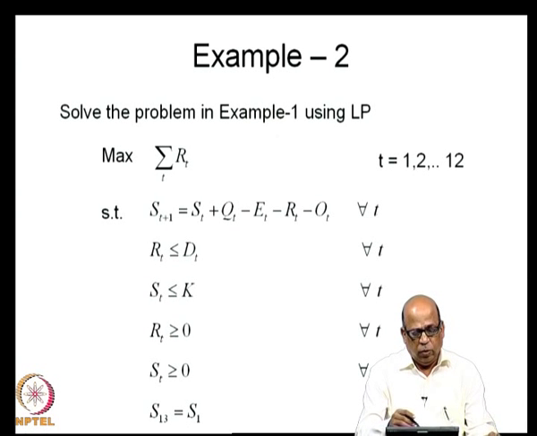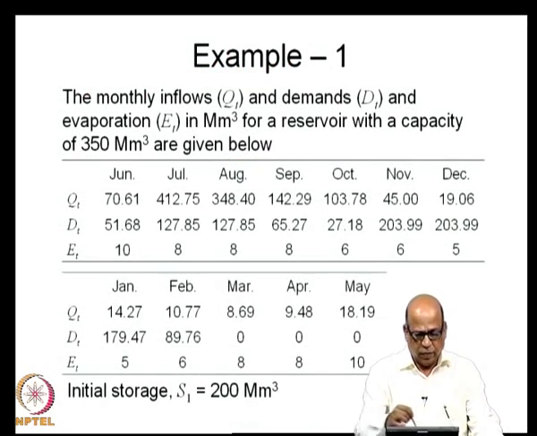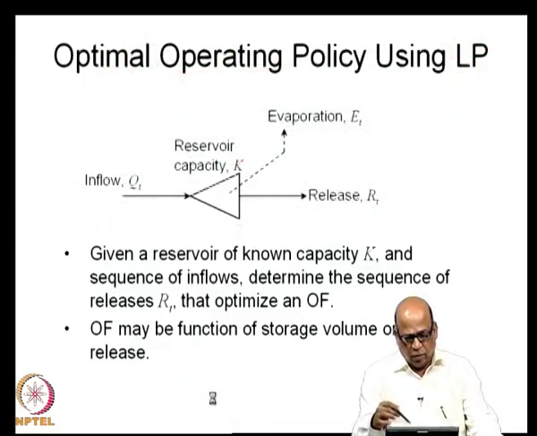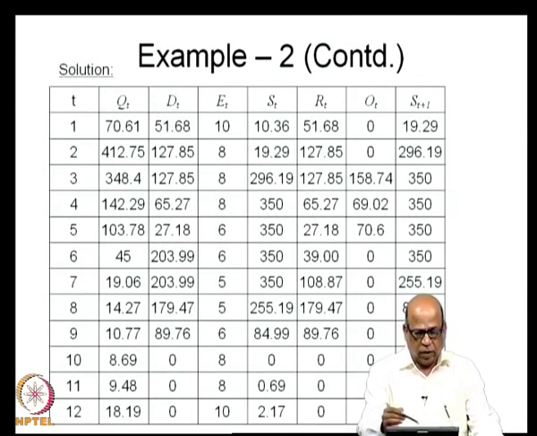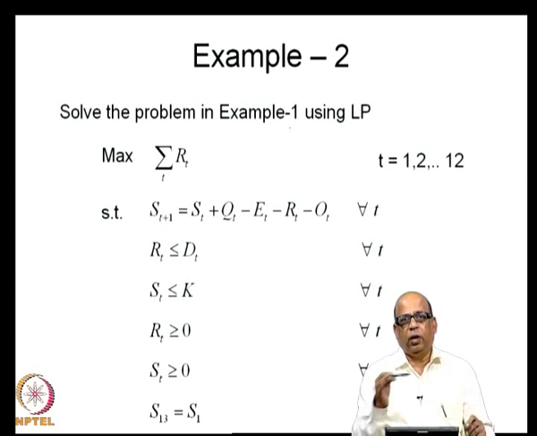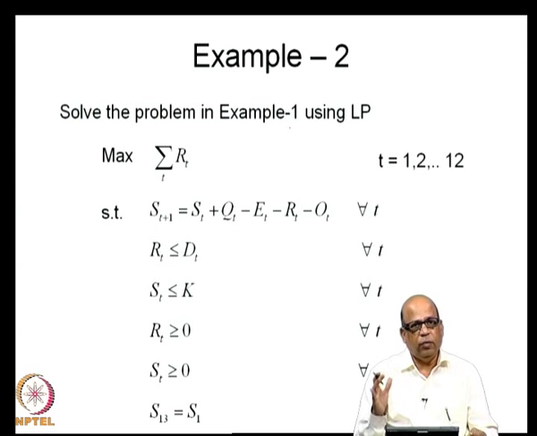Now, what we will do is take the same data as we did for the standard operating policy and solve the LP, without taking S1 as 200 as we did in the previous case. So, we are not putting that condition that the storage at the beginning of the time period is 200. We will just relax that and then solve this optimization problem.